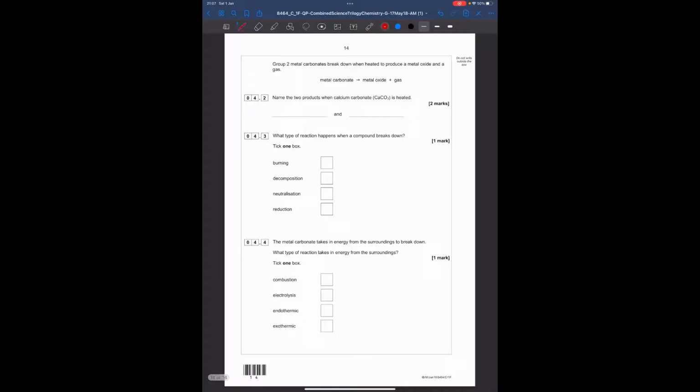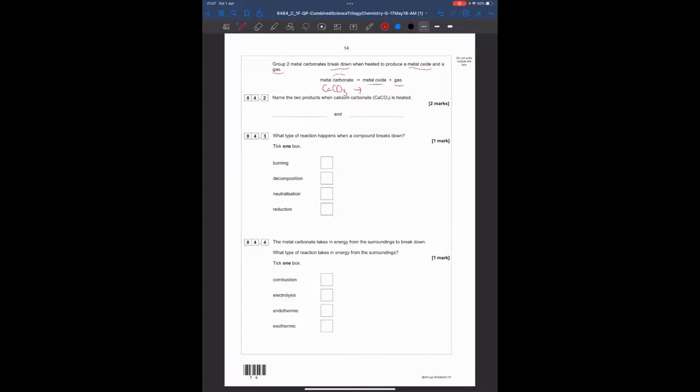Group 2 metal carbonates break down when they are heated to produce a metal oxide and a gas. So it's told you metal carbonate makes a metal oxide and a gas. Name the 2 products when calcium carbonate is heated. So what I would do is try and work out what the equation would actually be. CaCO3, and it's being broken down into 2 things.